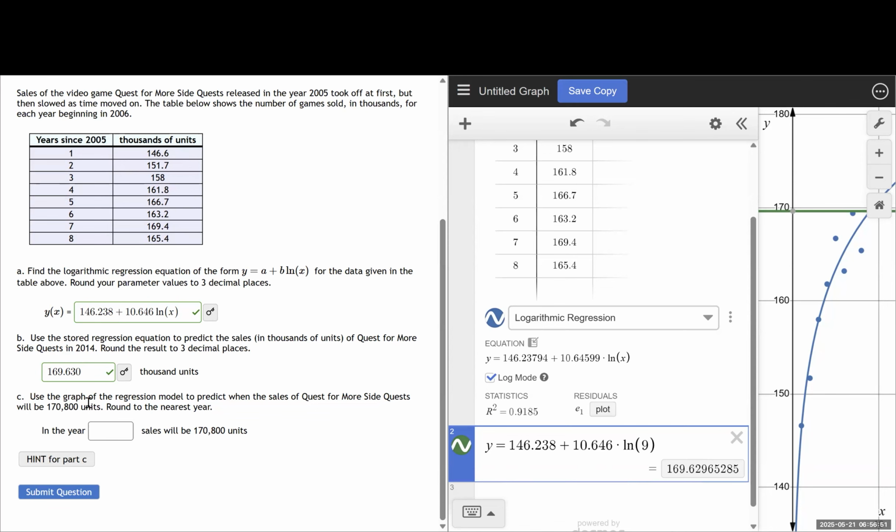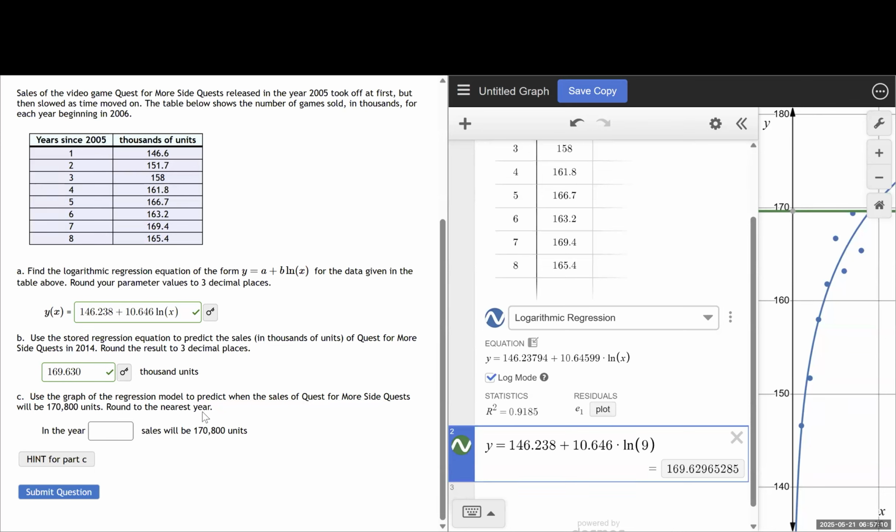In part C, it says use the graph of the regression model to predict when the sales of the game will be 170,800 units, round to the nearest year.